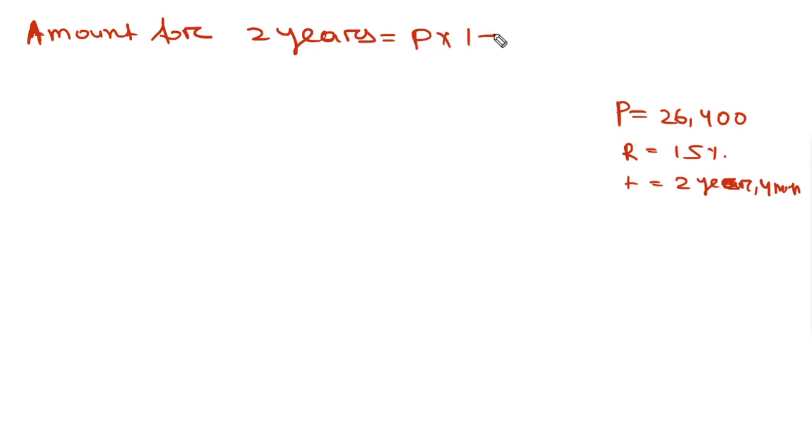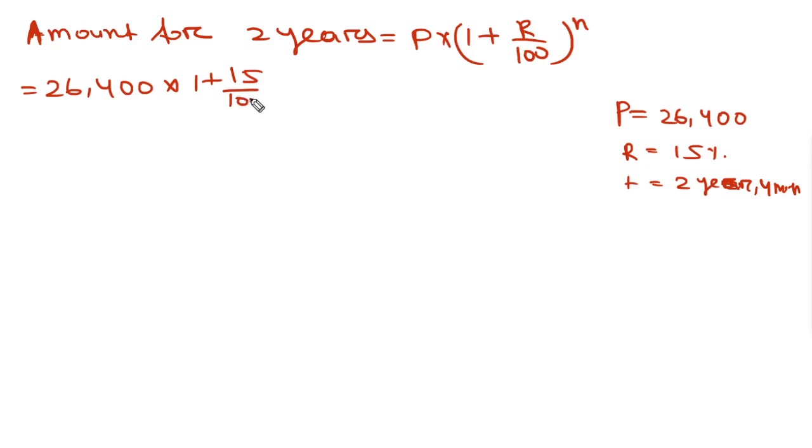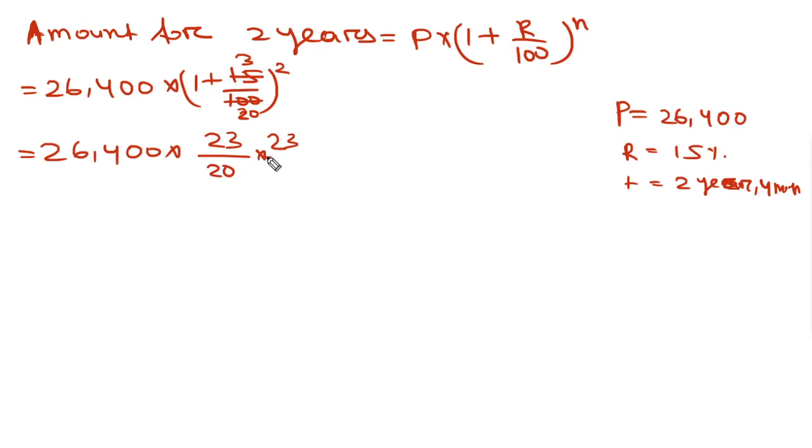P into 1 plus R by 100 to the power n. So it will be equal to P, which is 26,400, into 1 plus R, which is your 15 by 100, to the power 2. Now you can cancel 5 3s are 15, 5 20s are 100. Now it will be equal to 26,400 into 20 plus 3, 23 by 20, squared.